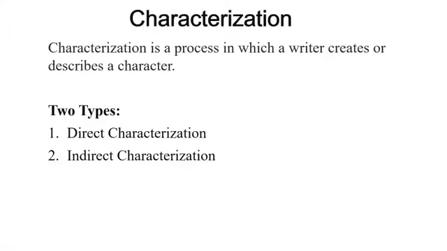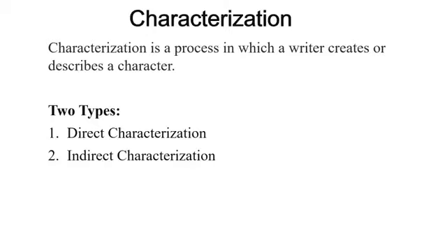Now, characterization is a process in which a writer explains the personality, nature, or identity of a character. There are 2 simple ways to go about understanding it. Number 1 is direct characterization, and number 2 is indirect characterization.